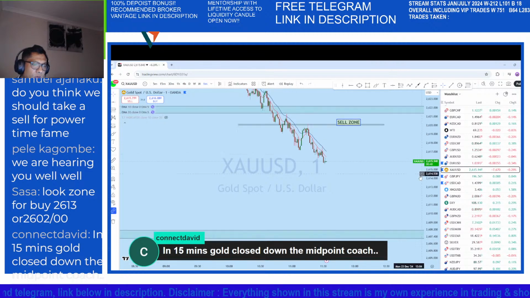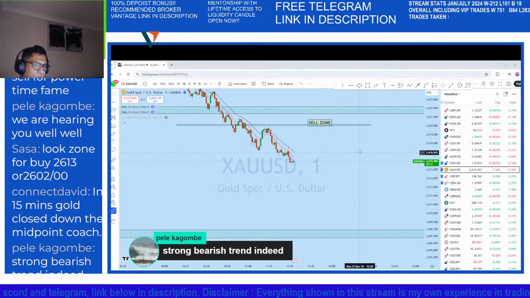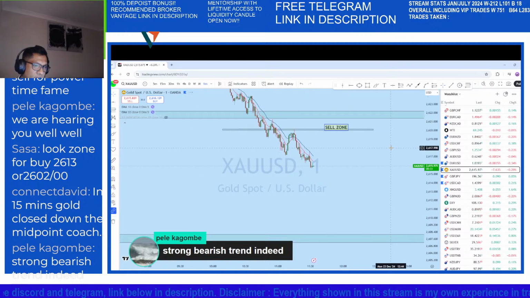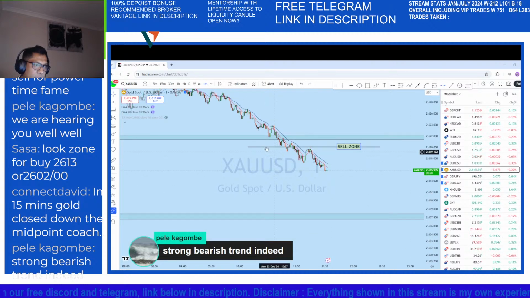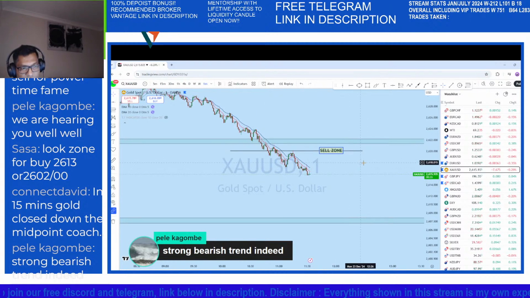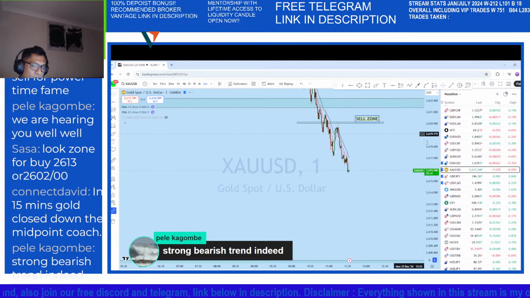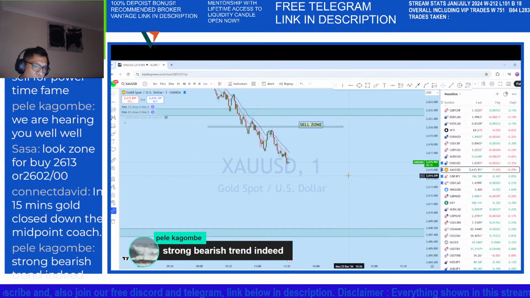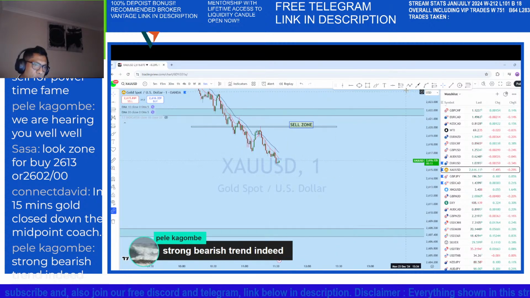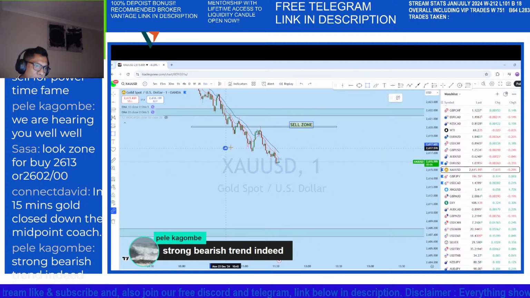For me, if I look at the market, it's a strong bearish trend indeed. In this kind of market, currently it's in a downtrend, so I will be fully looking for potential selling as it is in a downtrend. If we see the market has broken the structure, that's where we will be looking for a selling opportunity.